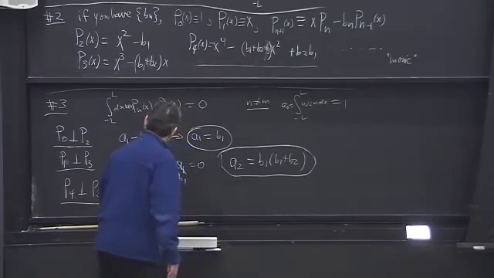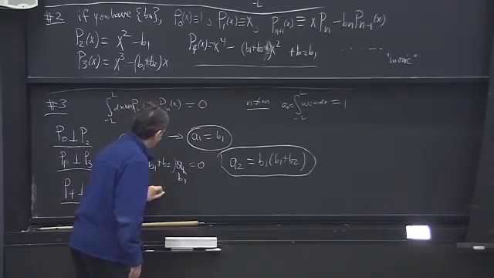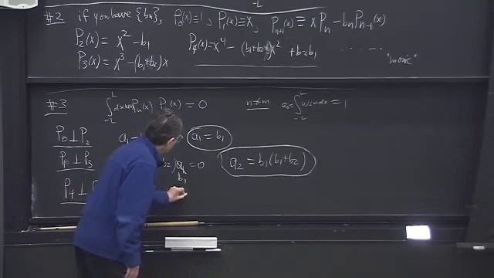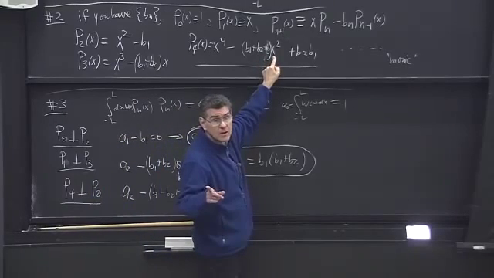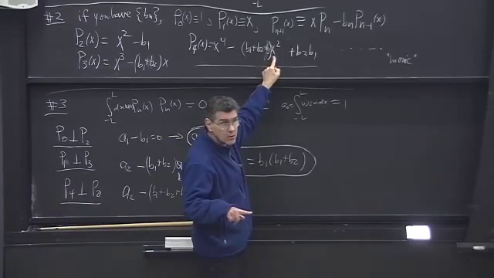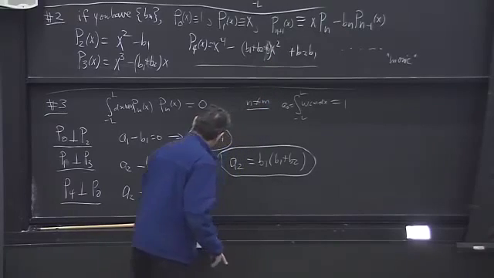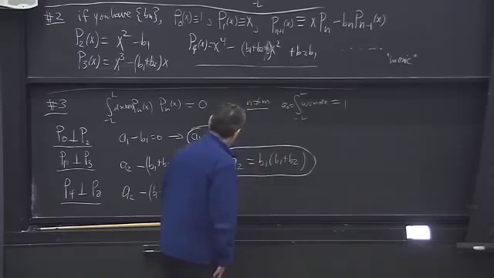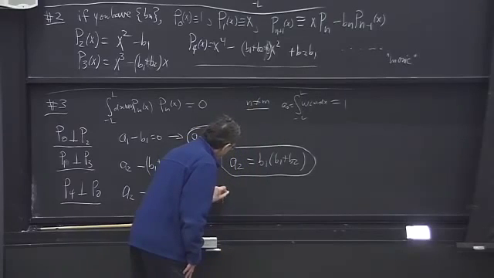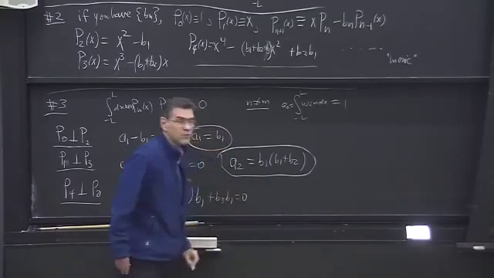Over here, you get the condition minus b1 plus b2 plus b3 times a1, which is b1, plus b3 b1 equals 0.